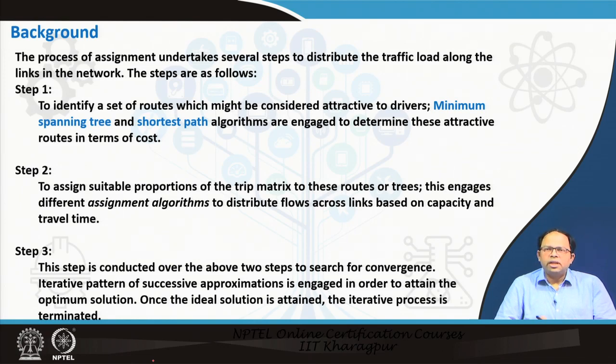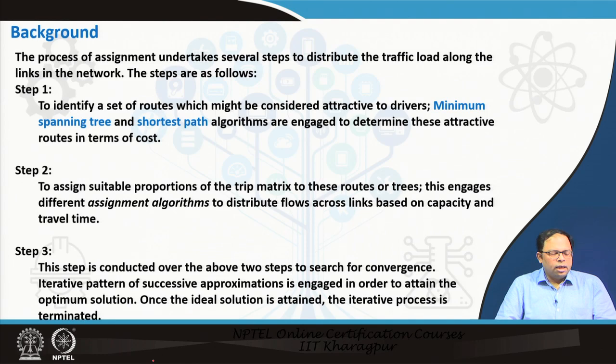Because if there is only one route, the entire amount of trips for a particular interzonal trip volume would be assigned to that route. If there are multiple alternative routes, a certain proportion of the trips is assigned to each of them. Our job is to understand how we divide this proportion, and for that we use these assignment algorithms, and that is what we will learn in this lecture.